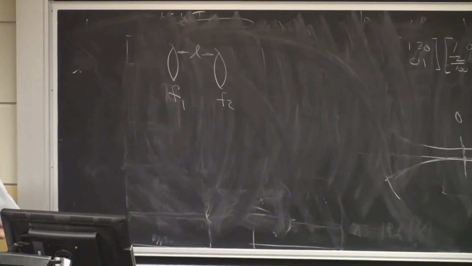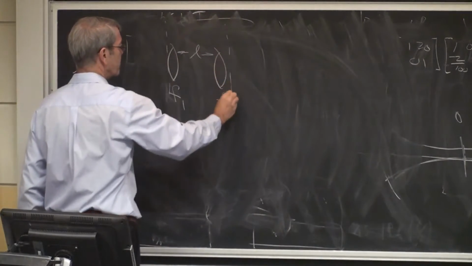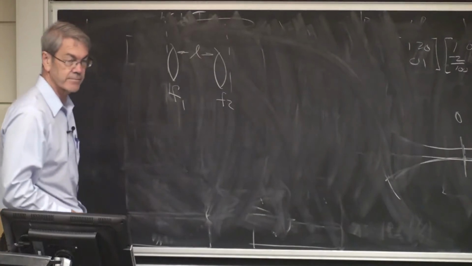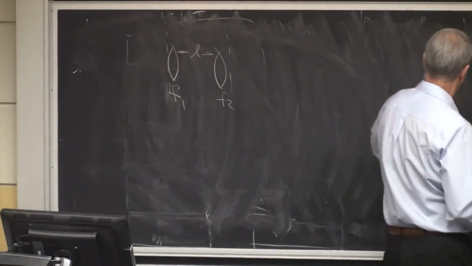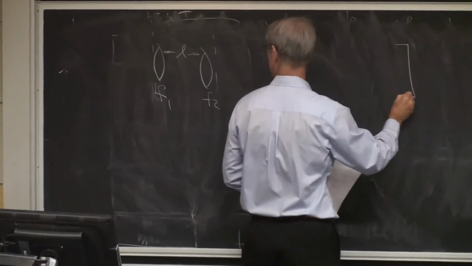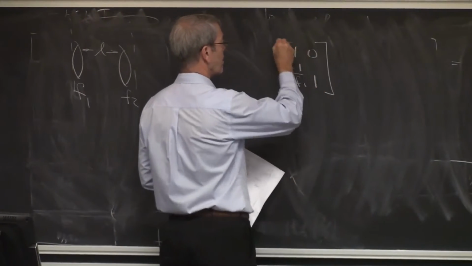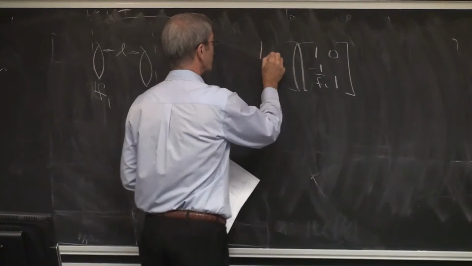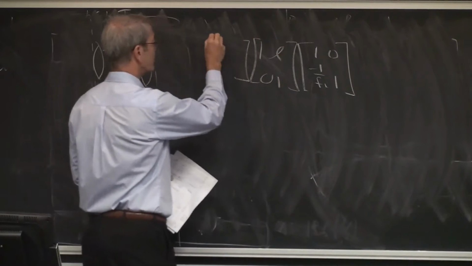Okay, so it's very easy to calculate. Let's just compute this as an ABCD, going from there to there. So again, you get out the old matrix machine, you grind this through. First you're going to go through f1. Always remember the order. Then you're going to go distance L. Then you're going to go through f2.